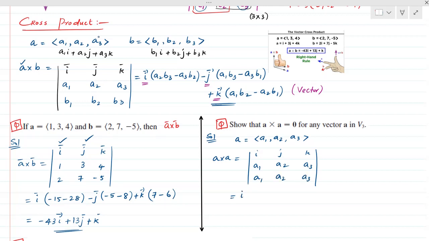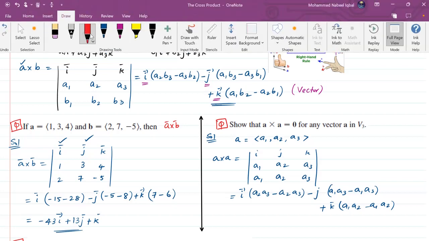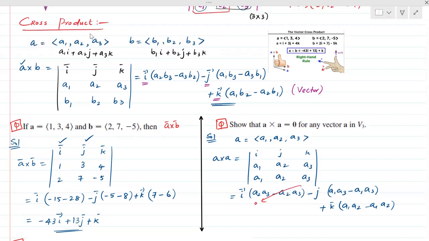Now, if you expand this determinant, you will get A2A3 minus A2A3, minus j into A1A3 minus A1A3, next plus k into A1A2 minus A1A2. So you will get 0, 0, 0, so you will get 0i, 0j, 0k, which is a 0 vector. That's it.